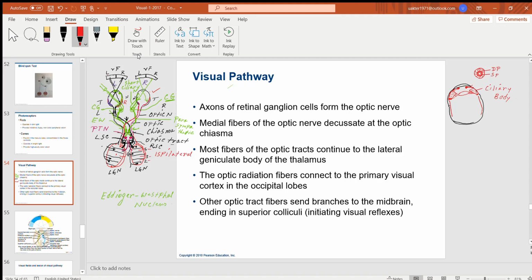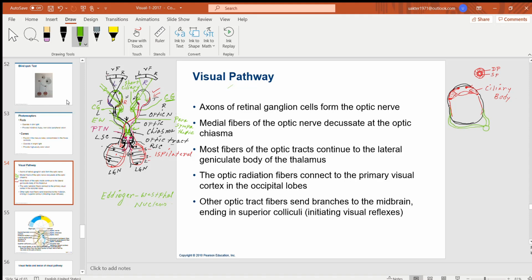Okay, so now let's get back to where we stopped. I mentioned that the short ciliary nerves, and this is the ciliary ganglion. So short ciliary parasympathetic nerves will enter into the wall and will do what?